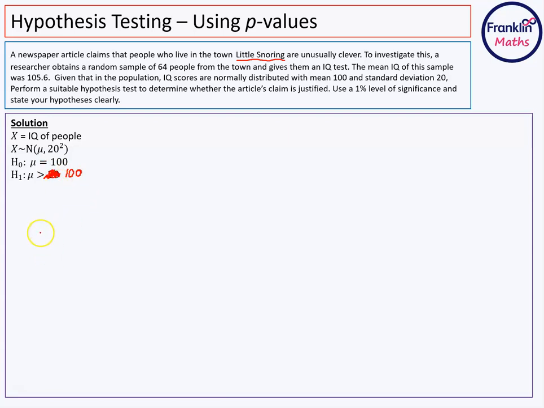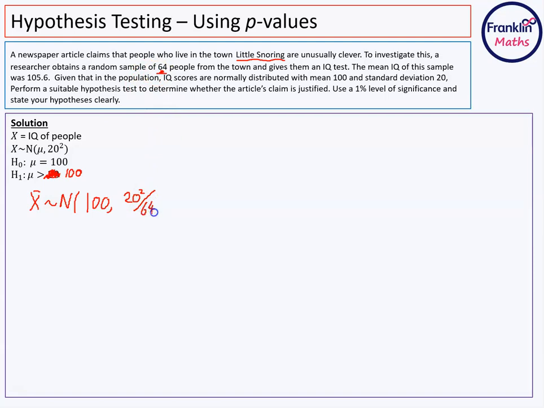Okay, and we're going to approach this in the same way as before. So we're going to say that X bar, this is the distribution of the sample means. We know that mu doesn't change, but the variance is going to be 20 squared divided by the number of samples, 64.